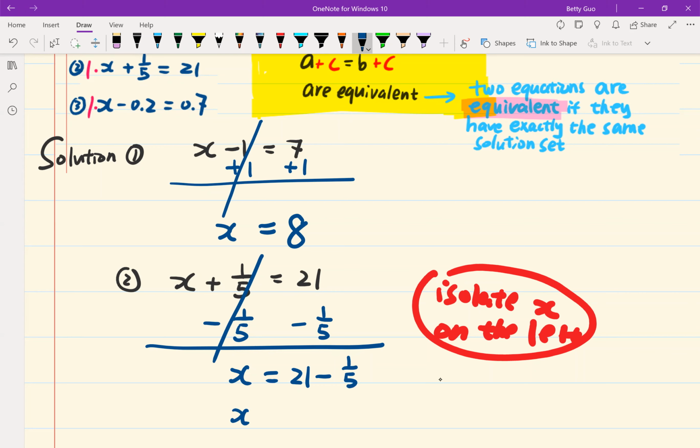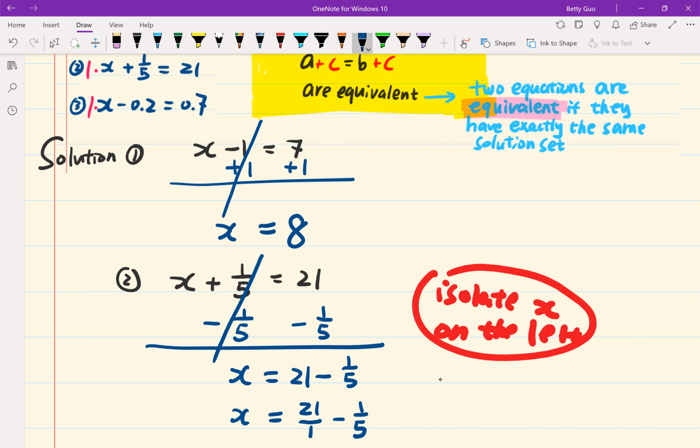Okay, your turn. I know, these are fractions. You're going to tell me what is 21 minus 1 over 5. Yeah, 21, we can write 21 as 21 over 1, right? Very good, yeah, minus 1 over 5. So that's a difference of two fractions. Do we need a common denominator when we subtract two fractions without the same denominators?